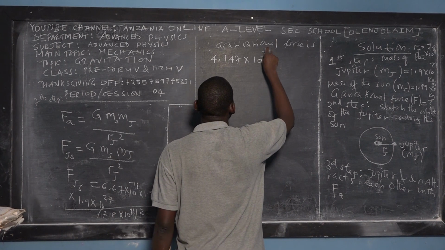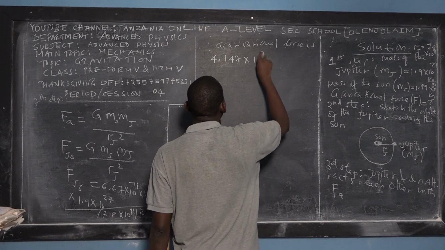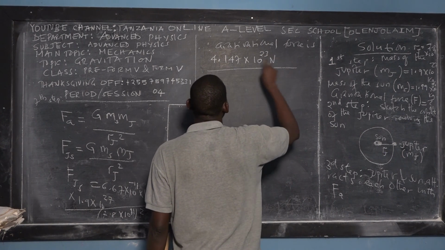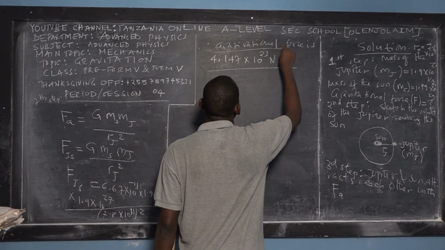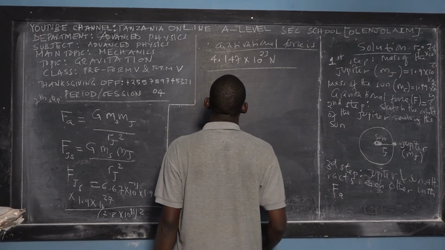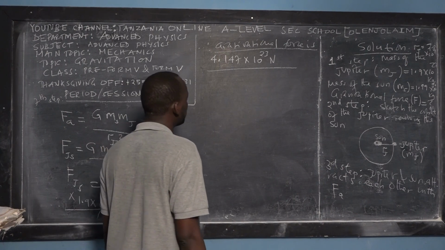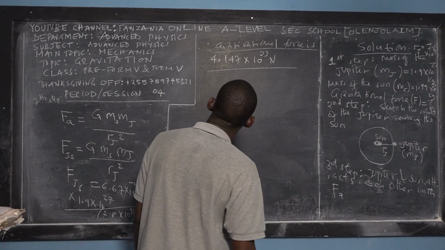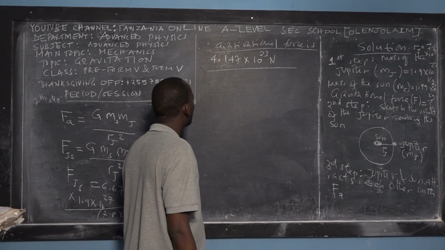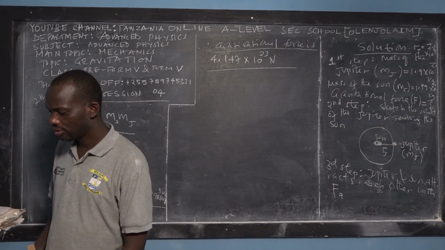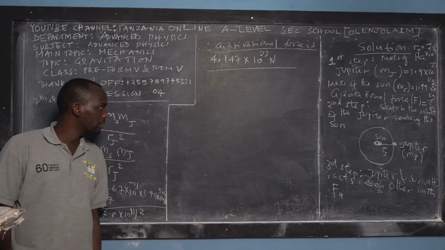Very huge force. That's the gravitational force between Jupiter and the Sun. 4.147 × 10^23 Newtons. Right? That was part A.